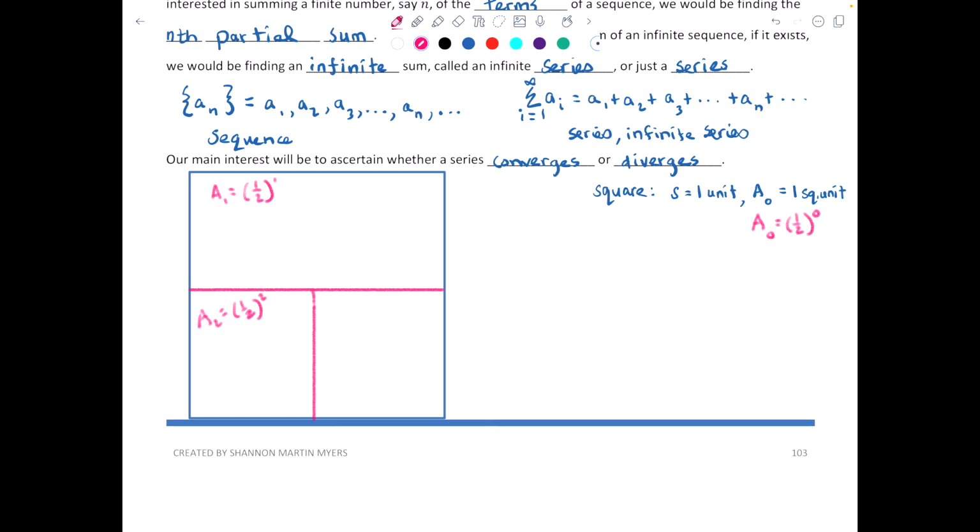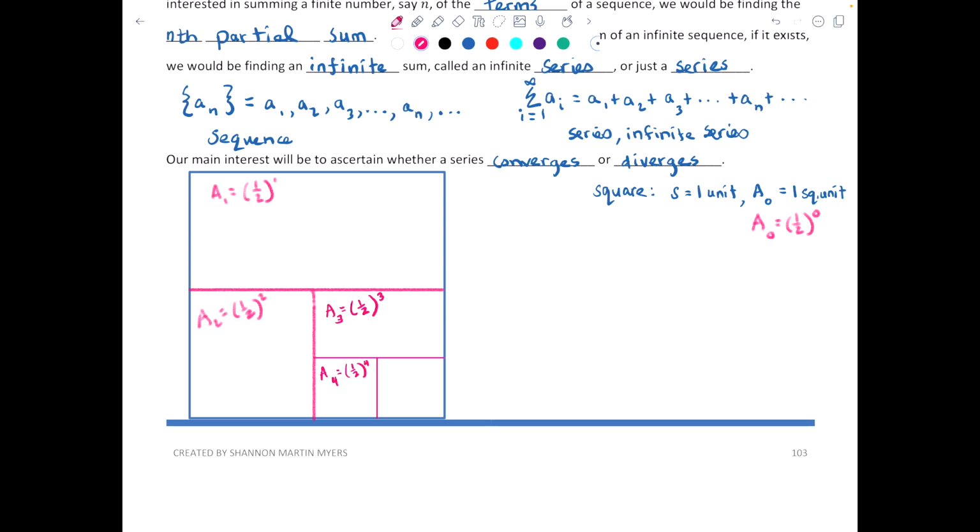And then if I go to the next square and divide it in half and call this a 3, that equals 1/2 cubed. And it's kind of cool, it makes that kind of snail shape in nature. And then we go to the next square, divide it in half. We have our a 4 is 1/2 to the 4th.